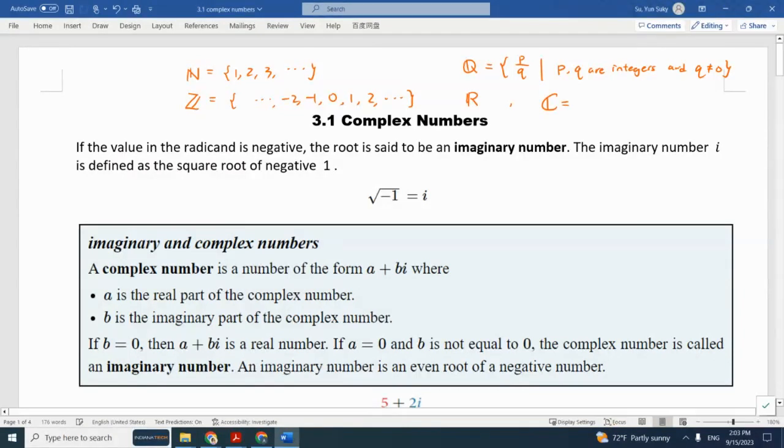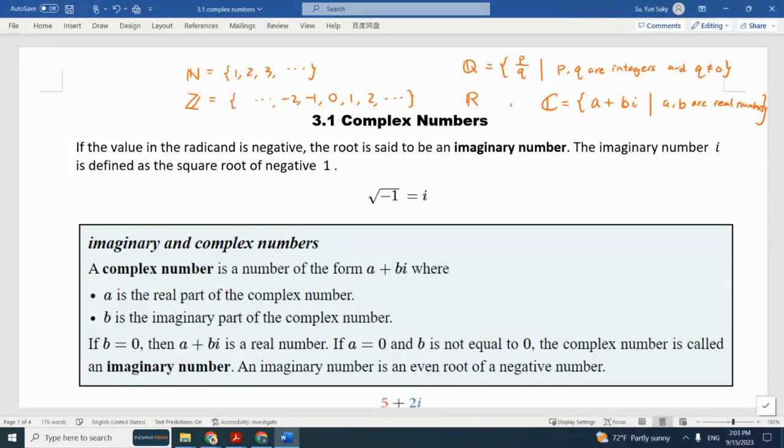So complex numbers are in the form of a plus bi, such that a and b are real numbers, and i is the square root of -1. When we work with real numbers, we say we cannot have a negative number in the square root, right?